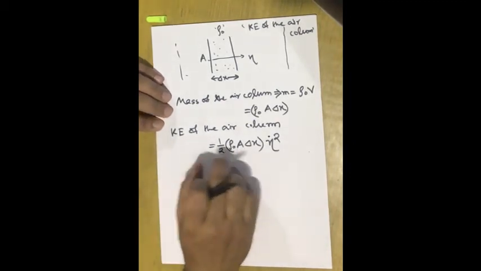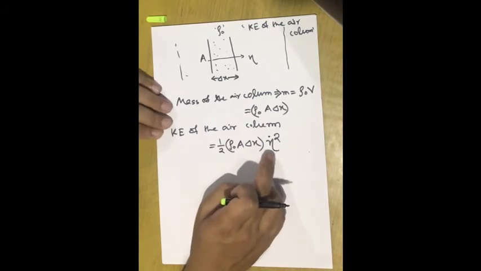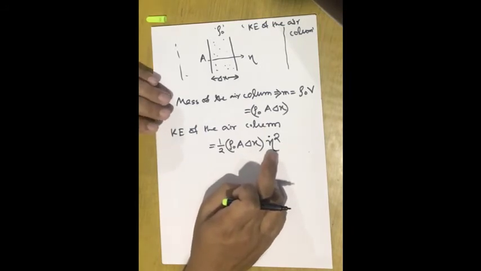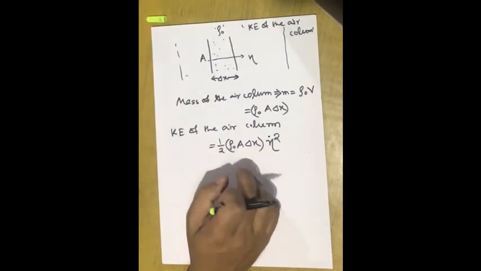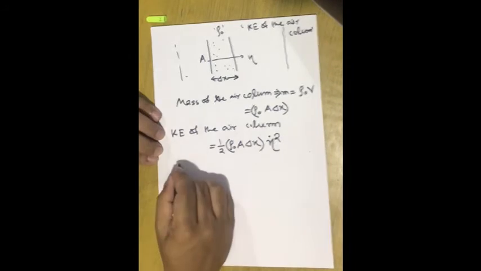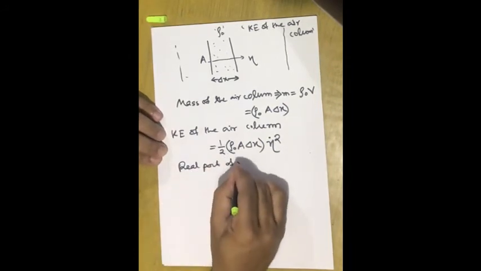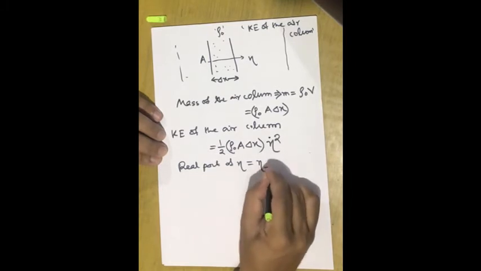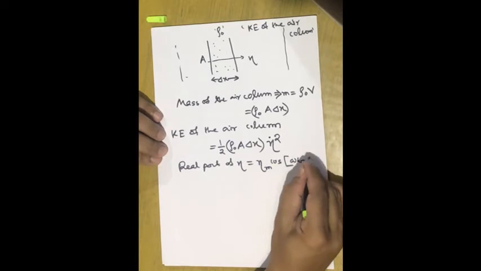Now since we are considering the kinetic energy, it is a real quantity, so we are going to take the real part of eta in this expression. The real part of eta is eta m cos(omega t minus kx).